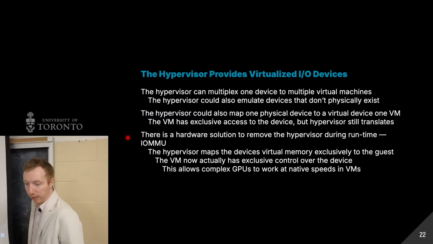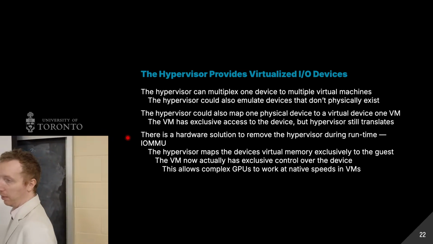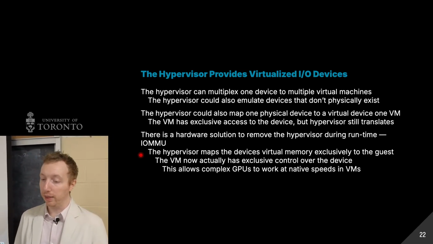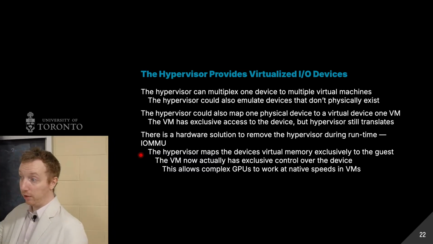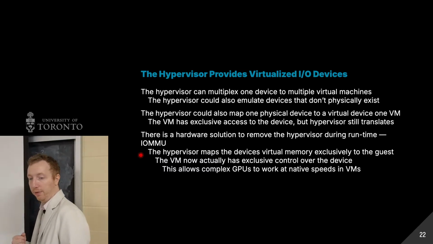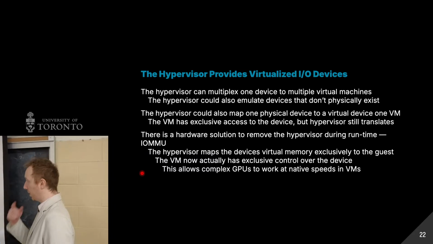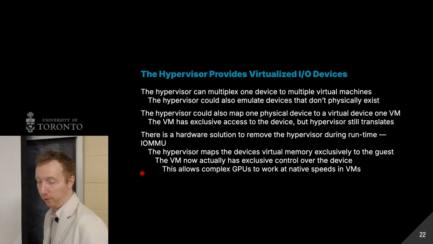So there's actually a newer hardware solution to remove the hypervisor during runtime, and it's called IOMMU. So this will let the hypervisor map devices in virtual memory exclusively to the guest. So now the virtual machine really does have exclusive control over some hardware, and that allows complicated things like a GPU to work at native speeds in a virtual machine.